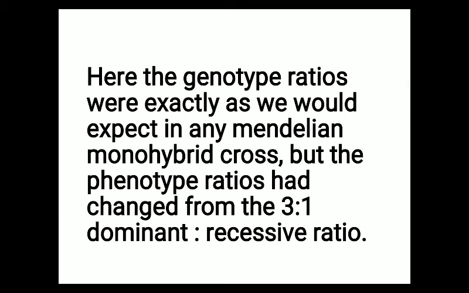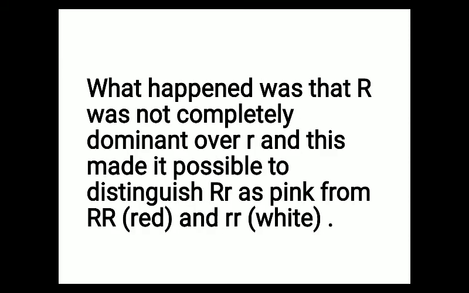In the monohybrid cross performed by Mendel, the phenotypic ratio was 3 is to 1, but in case of incomplete dominance, the phenotypic ratio is 1 is to 2 is to 1. What happened was that capital R was not completely dominant over small r, and this made it possible to distinguish capital R, small r as pink from capital R red and small r white.